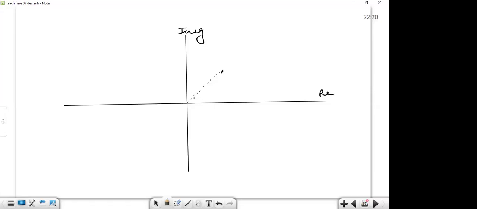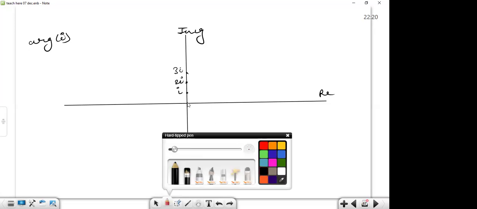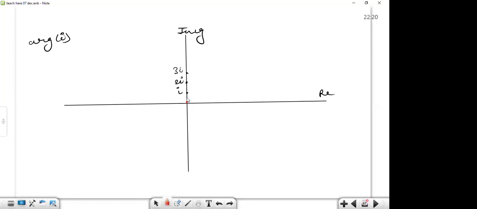Now here we are not given any particular point randomly. We have to find out the argument of iota, and iota is simply here: 1 iota, then 2 iota, then 3 iota. If iota is here, let's draw a line from the origin to iota.